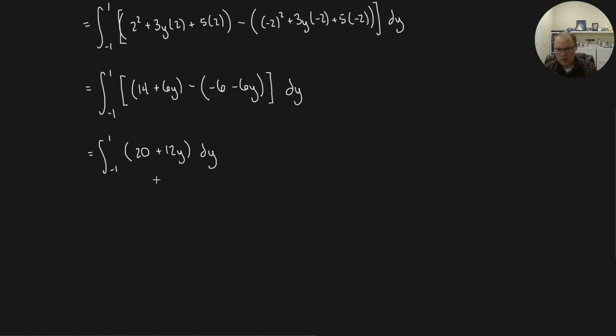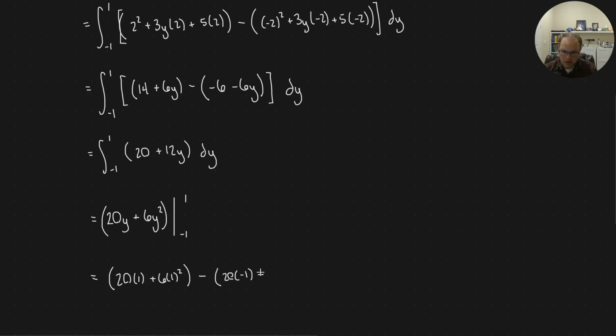So now I'm doing the other integral, integrating with respect to y. I have integral of 20 is 20y. Integral of 12y is 12y squared over 2, which reduces to 6y squared. Integrate from -1 to 1. So I plug in the top limit of integration into the y: 20 times 1 plus 6 times 1 squared, minus, now bottom limit of integration, 20 times -1 plus 6 times -1 squared.